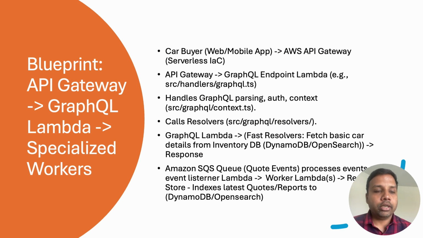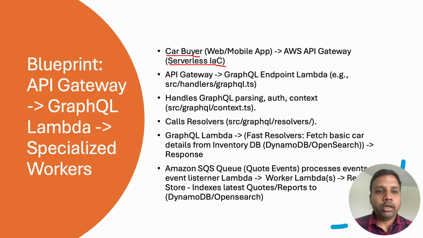So here's a blueprint of how the data flows from the API gateway to the GraphQL, which is a Lambda, and then we have specialized workers, which do the heavy lifting asynchronously. So the car buyer, which is a web or a mobile app, and then we use serverless infrastructure as code to build all these.